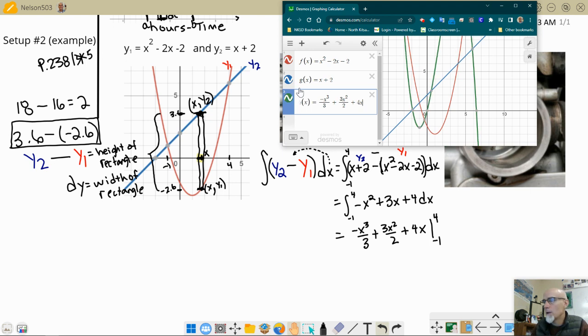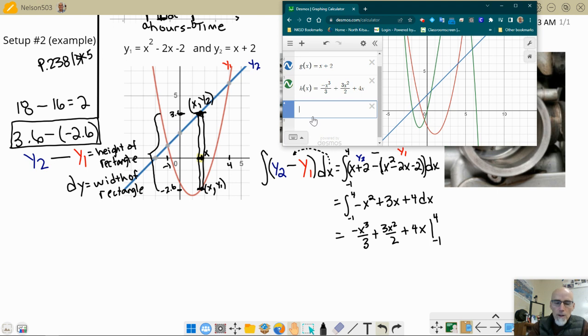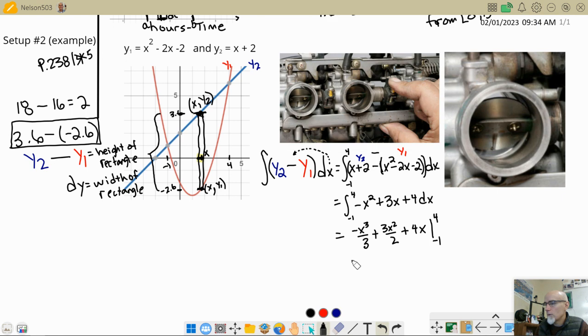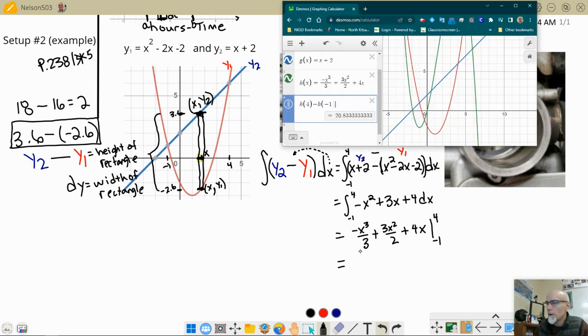Okay, I hope I did my integrand correctly. And then right down here, we could go h of 4 minus h of -1, right? So I'm evaluating my definite integral using technology to keep track of everything here. And so I get my final answer. My final answer is 20.83 repeating.